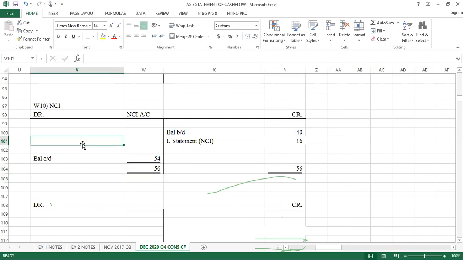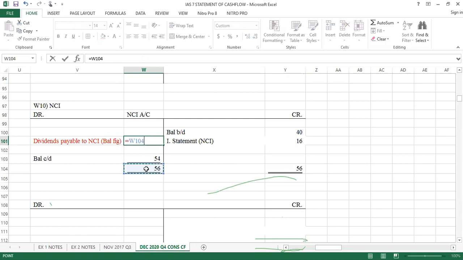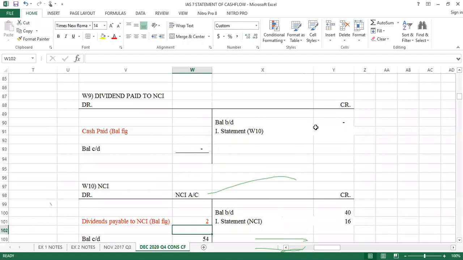So this is 40 plus 16, that is 56. So what is dividends? Dividends payable to NCI is a balancing figure. So the balancing figure is 56 minus 54. All that working is only giving us 2. So you bring this 2 here.